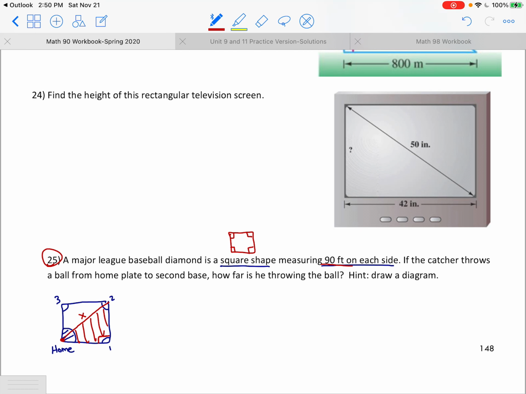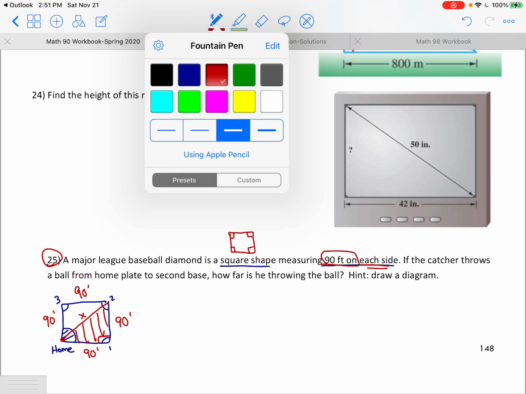Okay, so we can also use this information here that we have 90 feet on each side. So we've got 90 feet here, 90, 90, and 90. Okay, this information is really helpful, right? Because it's going to help us to know what our A, B, and C is.